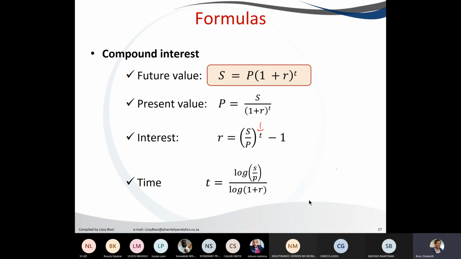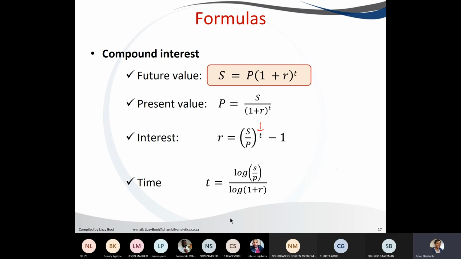Next year, if you register for QMI, I will show you how to use the logarithms to get to this, to make T the subject of the formula. But at this point, it's not necessary for you to know all the steps on how to get it there. Since you are writing online, just write these formulas as you see them and use them on your calculator as you see them.